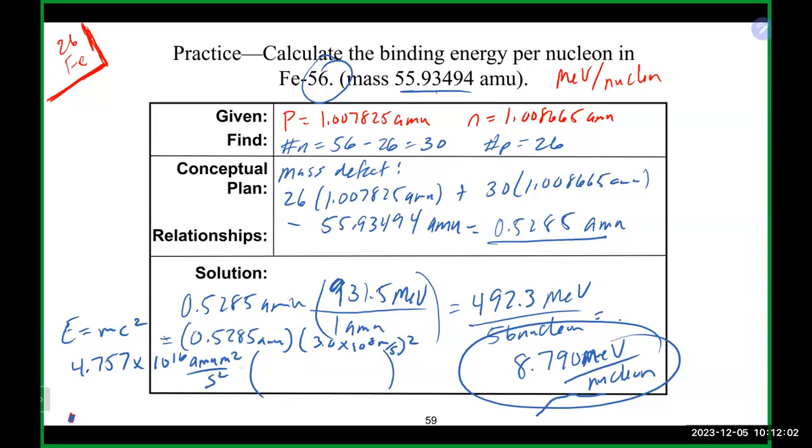This is where you would then have to use Avogadro's number again, to the 26th, which would get you kilograms. So you would divide it by 6.022 to the 26th, which would get you 7.899 times 10 to the minus 11 joules. At this point you could use that other conversion of 1.602 times 10 to the minus 13 joules per mega electron volt.